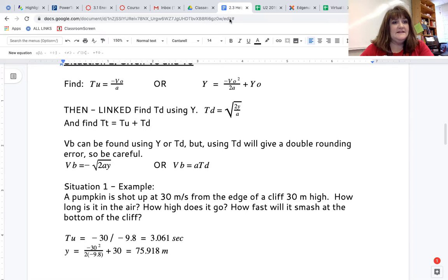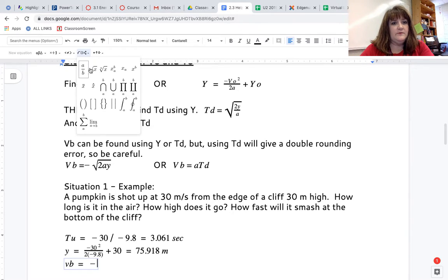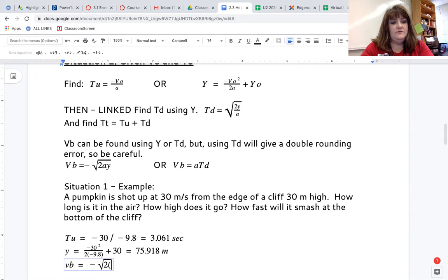So the velocity at the bottom is equal to the negative square root of 2 times a 9.8, because remember, if it's dropping or falling, everything can be positive and it's okay. 75.918.